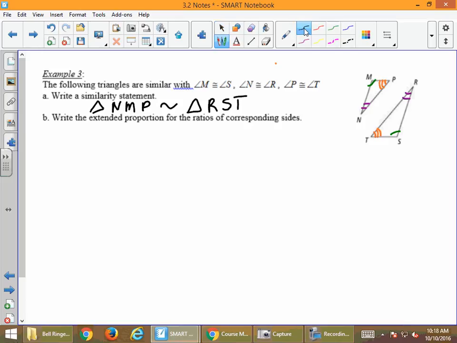Write an extended proportion for the ratios of the corresponding sides. It doesn't matter which shape you pick first. I just like going left to right, so I'm going to pick this left one. Give me a side in that triangle, doesn't matter. Any side. Which side matches up with MN if we went from green to purple? SR. Very good. That has to go in the bottom.